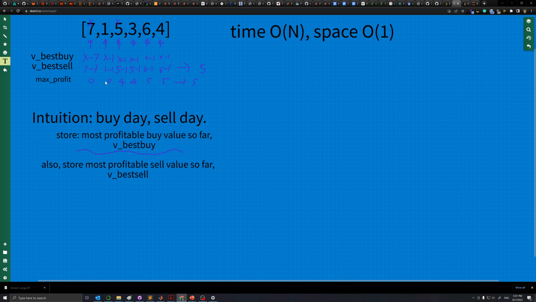And when we now try to determine the best sell date, best sell value, it'll be based on this new value, right?